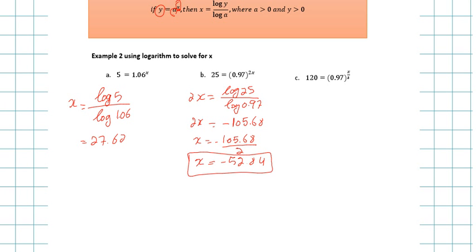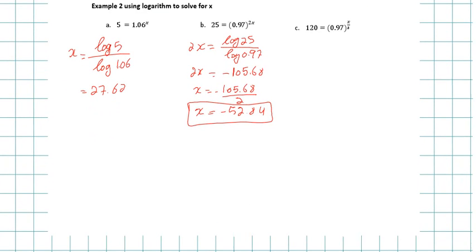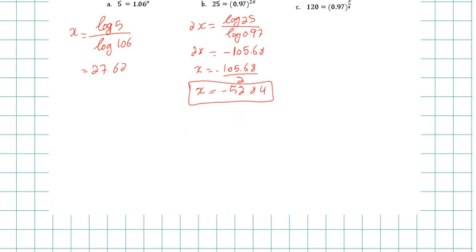Another method is using your exponent laws. Can I have your attention? This is writing it like this, correct? Because when I have an exponent to an exponent, what do I do with my exponents? Multiply them. So that's 2x, right?